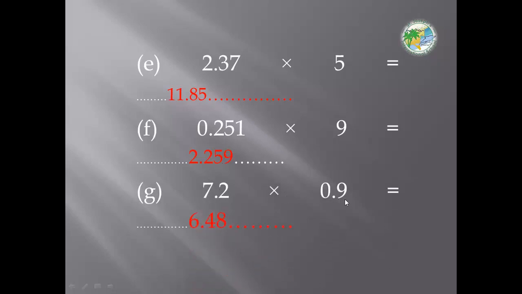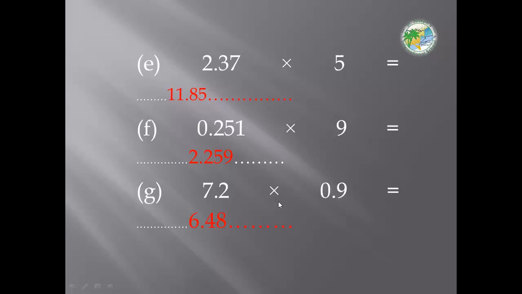7.2 times 0.9. Let's remember the timetable together. But take care of the decimal point in the first number and the decimal point in the second number. This method is called the horizontal method. We can answer with another method, the vertical method. That's right. 9 times 2 equals 18. 8 carry 1. 9 times 7 equals 63, and 1, 64.